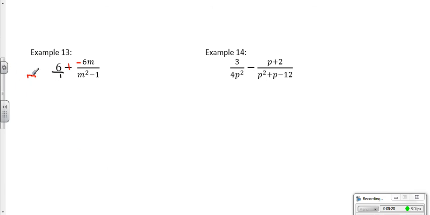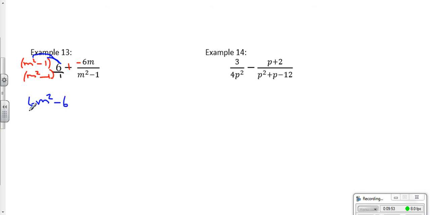Well, that's pretty ugly. Alright, m squared minus 1, so we're going to distribute the 6, and that's going to give us 6m squared minus 6.